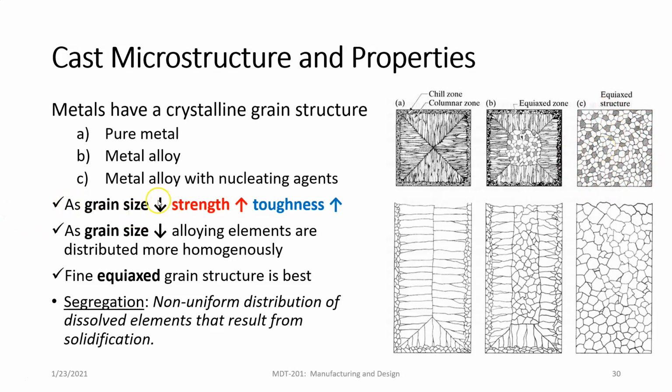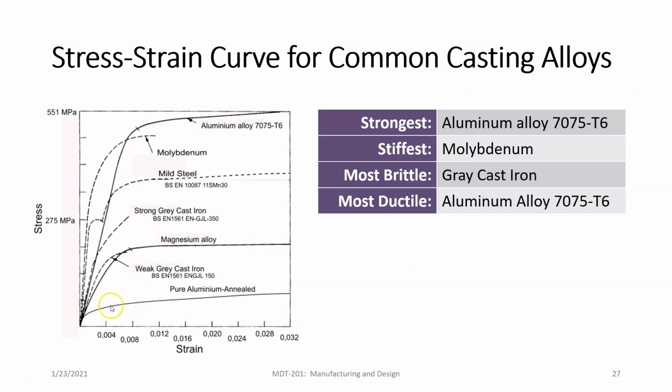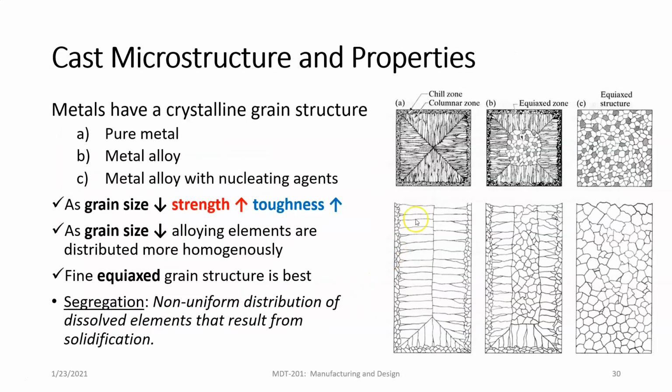As the grain size goes down, strength is going to go up, and toughness is up. Remember how pure metals don't do very good? They're like wet noodles, right? So as the grain size goes down, strength and toughness go up. So this is going to be tougher than this.